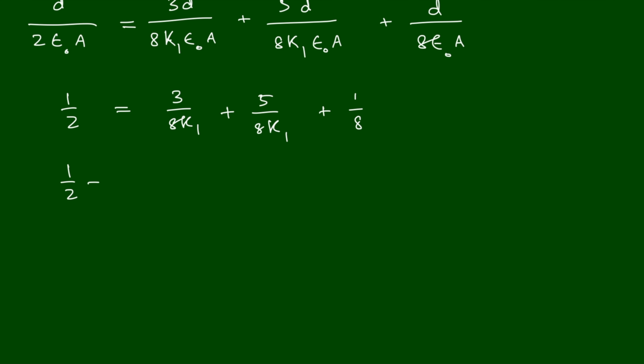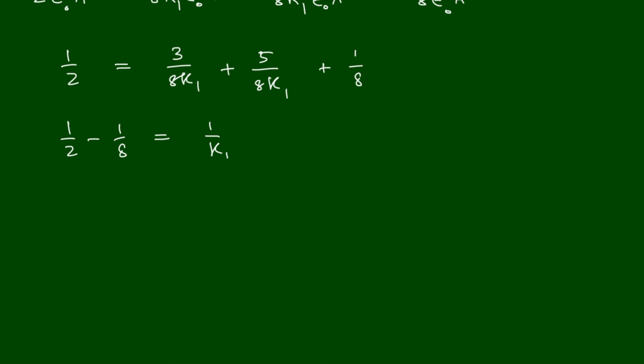So 1 by 2 minus 1 by 8 is equal to 1 by K1, and that will give you 3 by 8 is equal to 1 by K1, and K1 is equal to 8 by 3, that is 2.66.